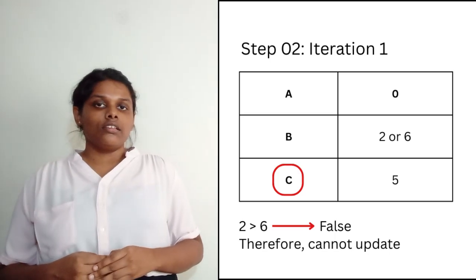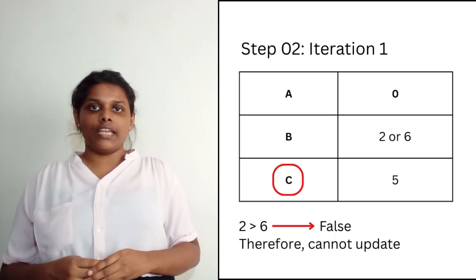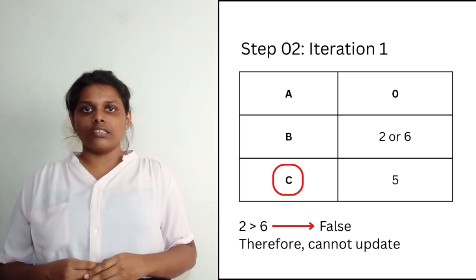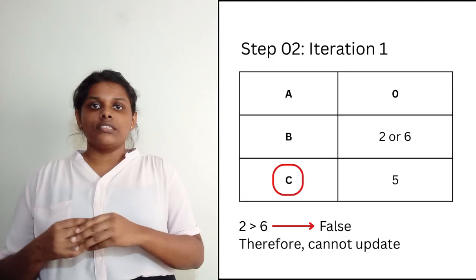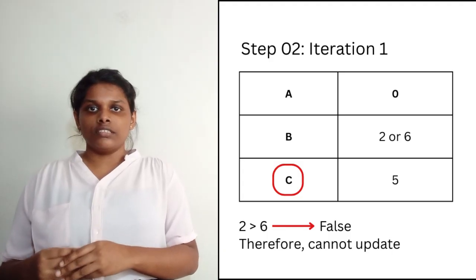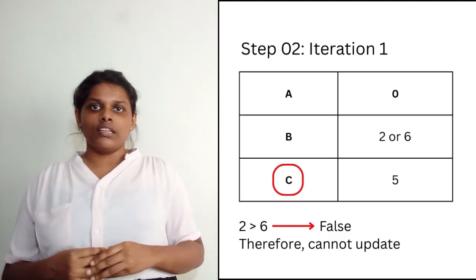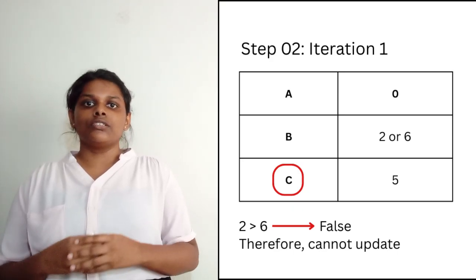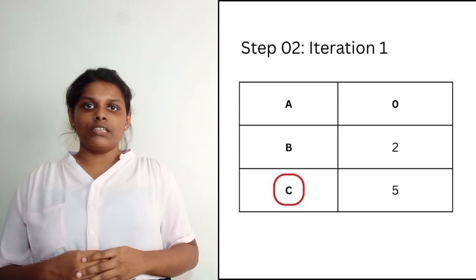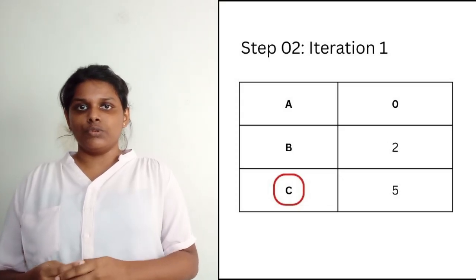Then we can check whether we can update the current path of B. Because 2 is greater than 6 is false, we cannot update the current path. So B will remain at 2.